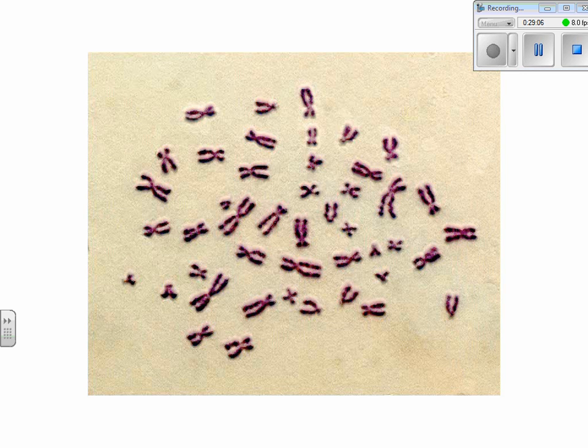But once you've organized them by size, you then, I think, organize them by where the centromere comes, where the crossover bit comes. So if they're the same length, then there's a way of doing it like that. But yeah, if we were going to get a full set of chromosomes, you could literally take a pair of scissors to that diagram, cut them out, line them up, and you've got your karyotype.